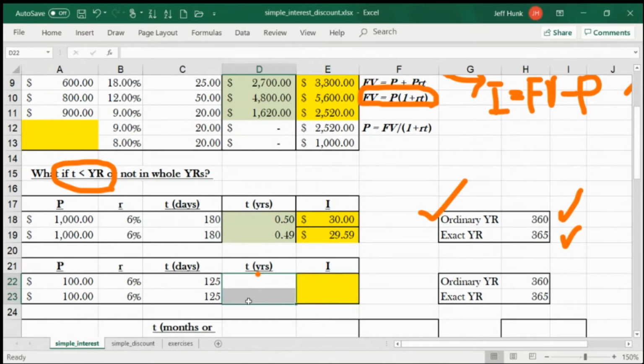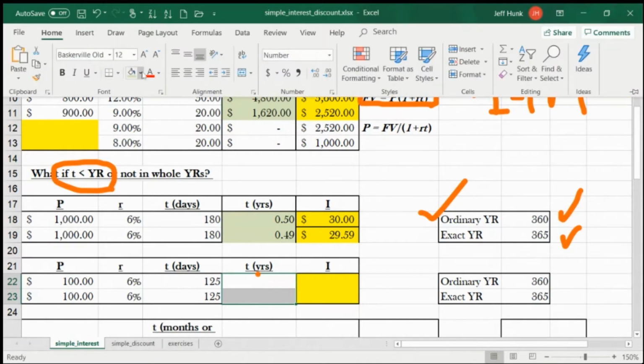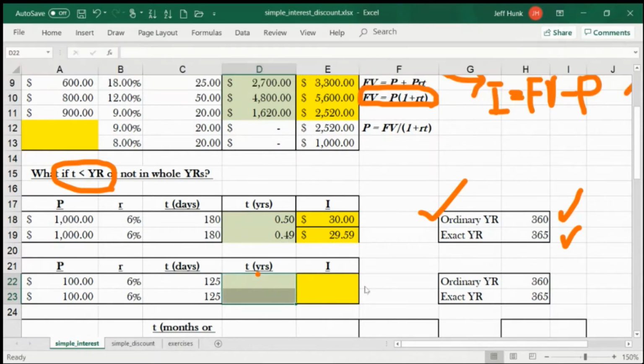And one thing you also have to remember is that the highlights, these colors, have meanings.